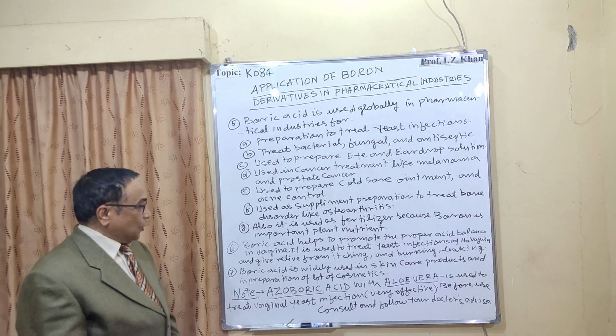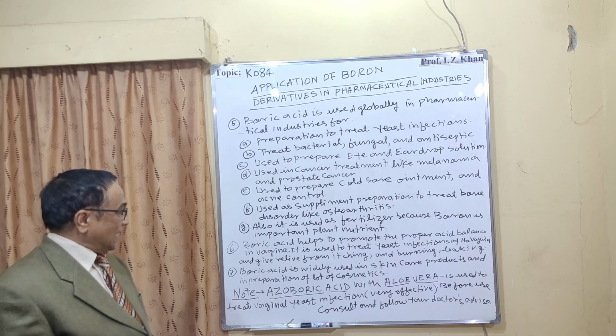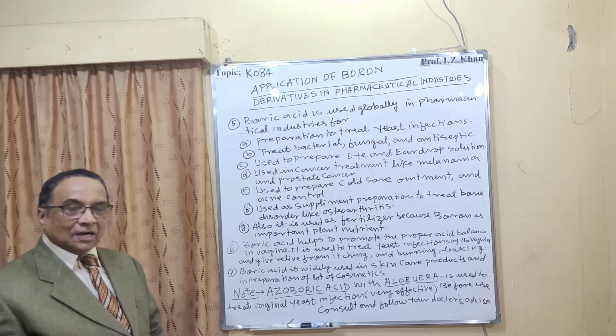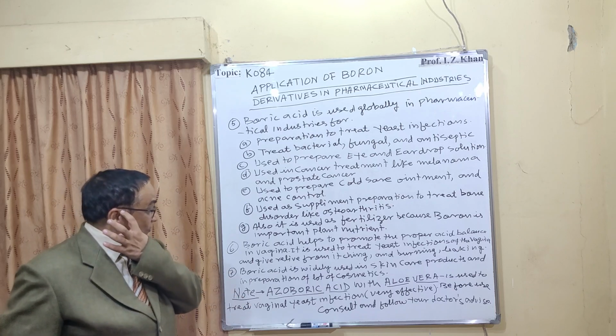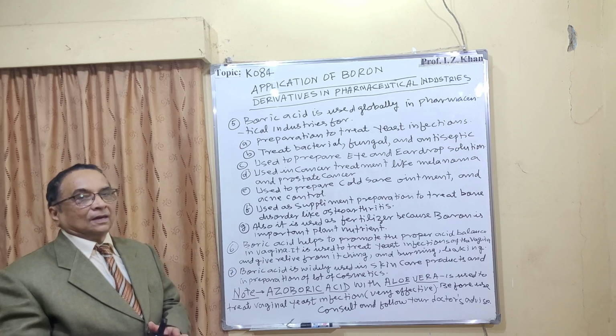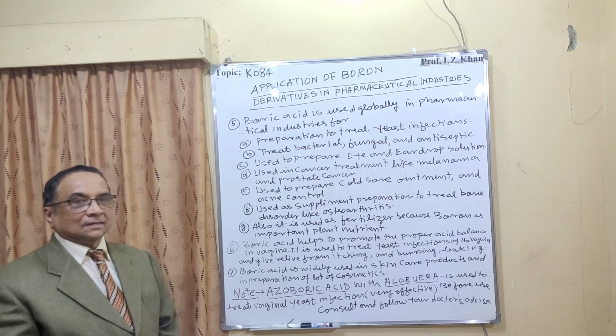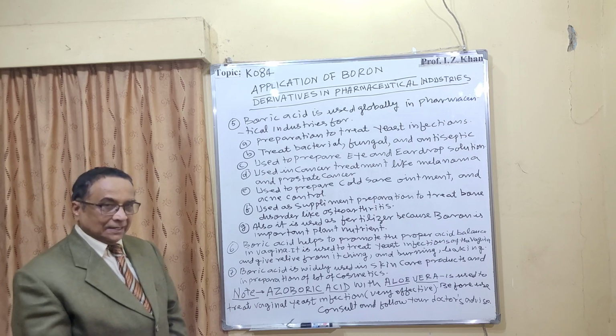Number 7, boric acid is widely used in skincare products and in the preparation of a lot of cosmetics. Note, I have given one very important preparation product of this boron derivative, that is called isoboric acid.